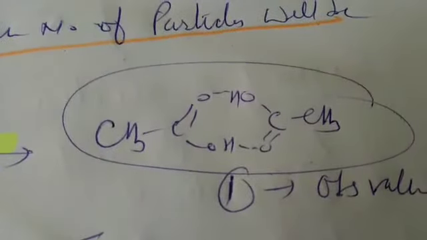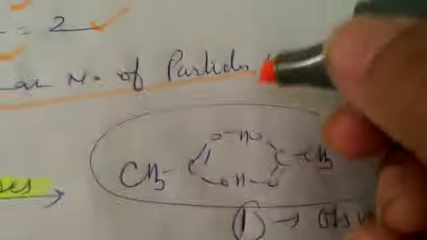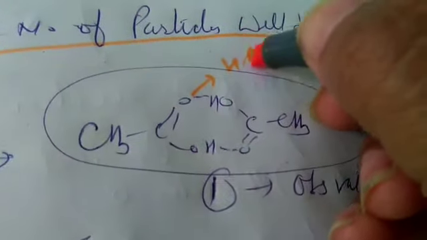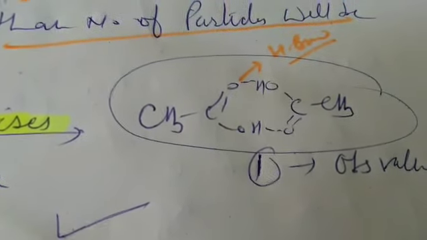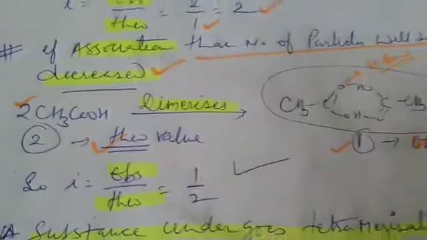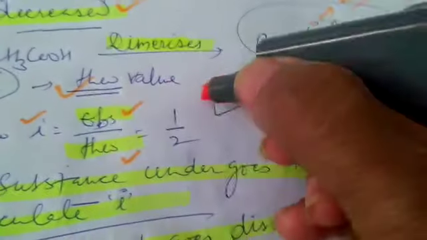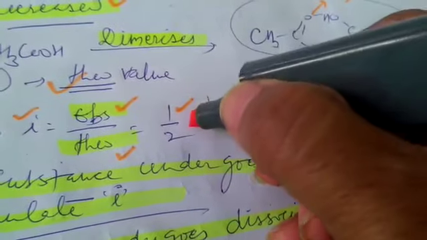So 2 particles are attached to each other by hydrogen bond, so 2 particles group together to give only 1 particle. So it is the observed value. So in case of association, the number of particles will be decreased. So the value of i will be observed value upon theoretical value. 1 is the observed value and 2 is the theoretical value, so the value of i will be 1 by 2 in this case.